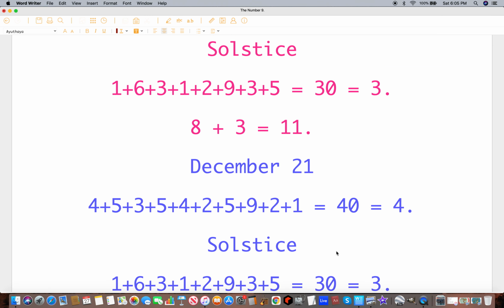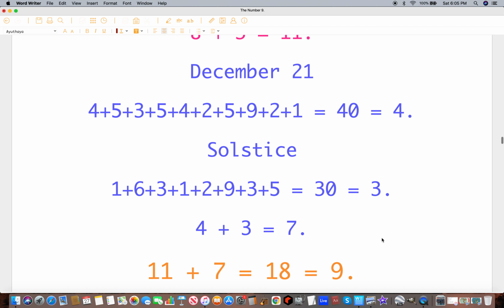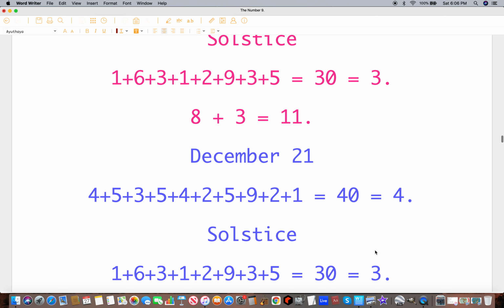December 21st: 4, 5, 3, 5, 4, 2, 5, 9, 2, 1 equals 40, which equals 4. And the solstice is 1, 6, 3, 1, 2, 9, 3, 4, which equals 30, right? Which equals 3. 4 plus 3 is 7. 11 plus 7 equals 18, which equals 9.